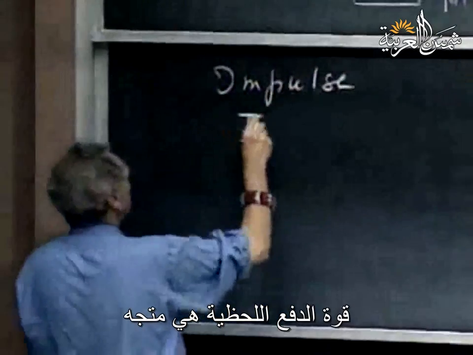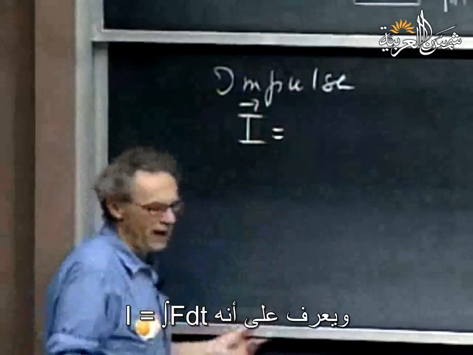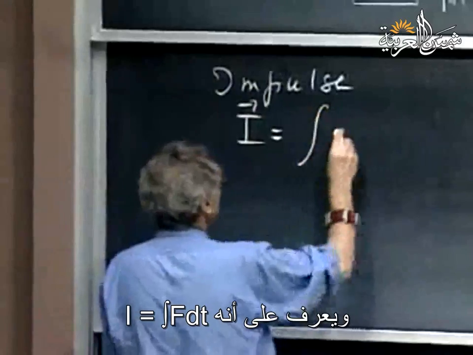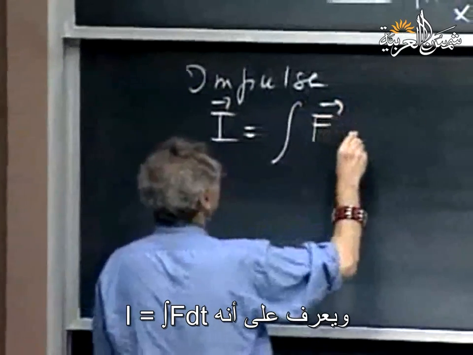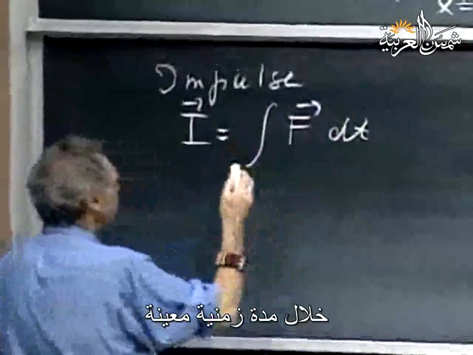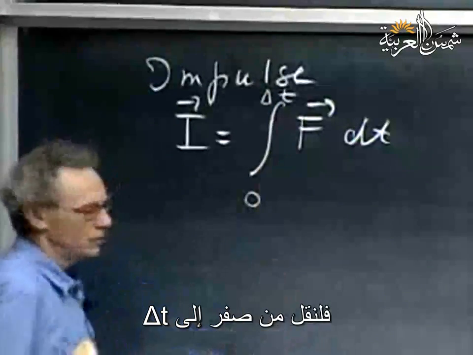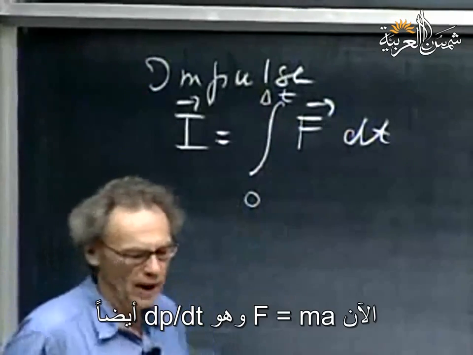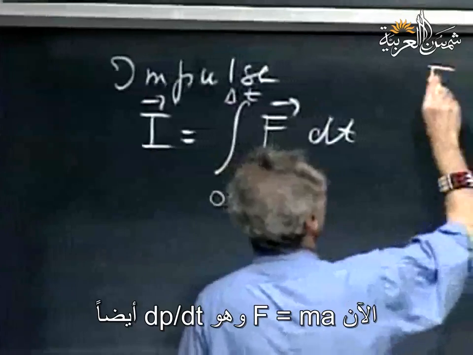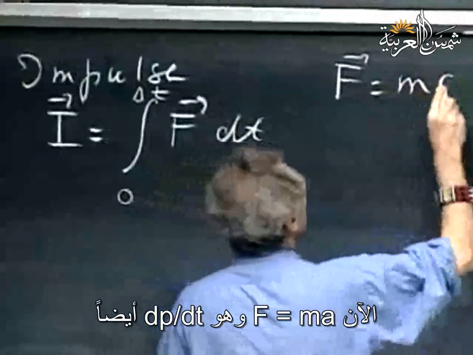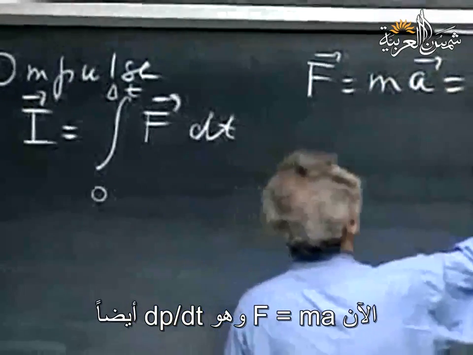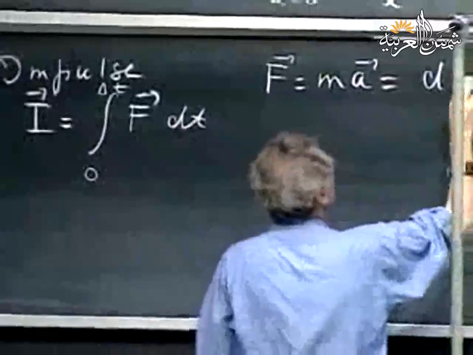Impulse is a vector, and it is defined as the integral of F dt during a certain amount of time, let's say from 0 to delta t. Now F equals ma, which is also dp/dt.